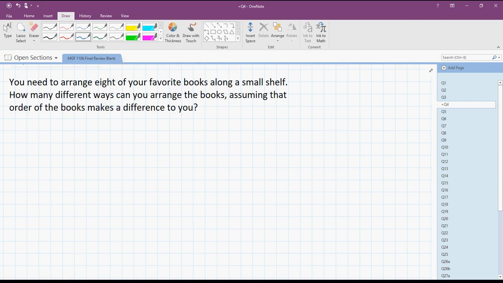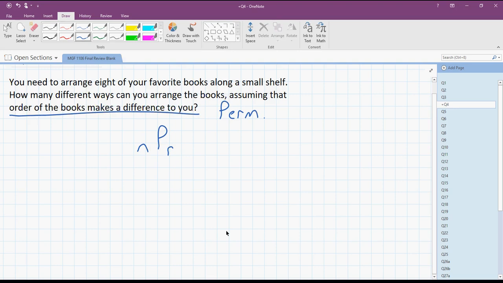This is your permutation, because order matters to you. Remember, with permutations, we talked about that order matters. We're filling in this nPr, so this was a permutation.